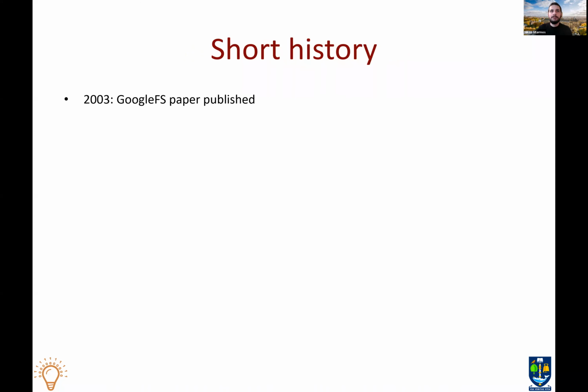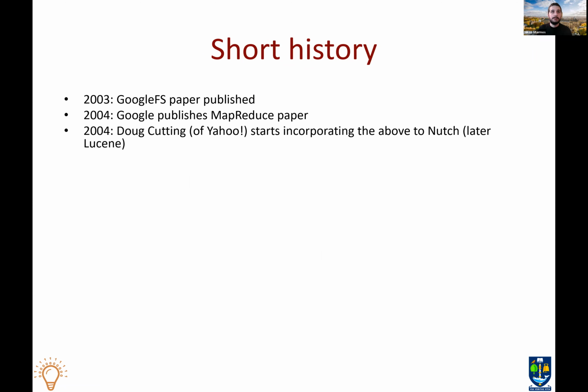Now, for a short history, this whole thing started back in 2003 for the public. That's when Google published their Google FS paper. We went over HDFS and Google FS last week. And then the year after that, they published a paper on their MapReduce system.